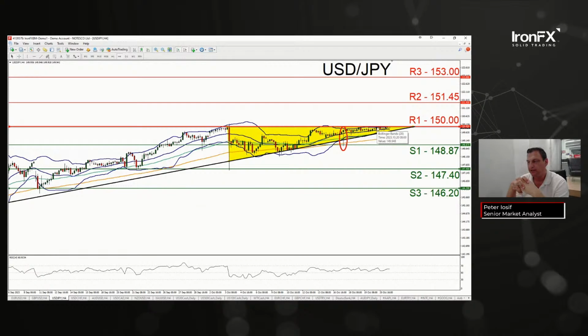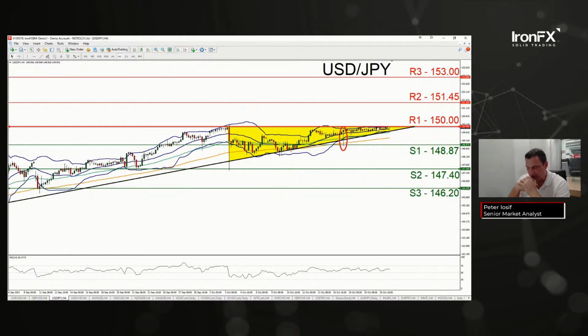I would be highlighting here two elements which tend to support the notion of some bullish tendencies being embedded within the price action. The first would be the fact that the price action has been characterized by a bullish triangle, which we can see in yellow right now.